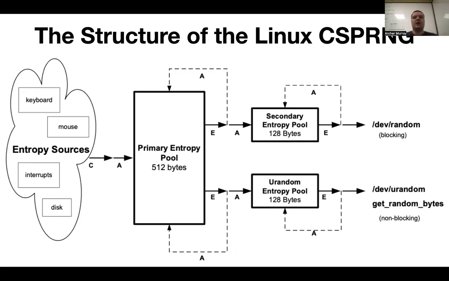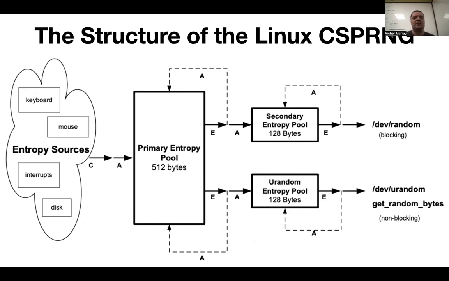Here we can see a visualization of how /dev/random and /dev/urandom, which doesn't block when it doesn't have enough bits, operate. The system takes various hardware interrupts as sources of entropy, and it adds them to a set of three entropy pools. /dev/random will try to draw entropy from a secondary entropy pool if possible, and entropy will be added to the secondary entropy pool if possible.